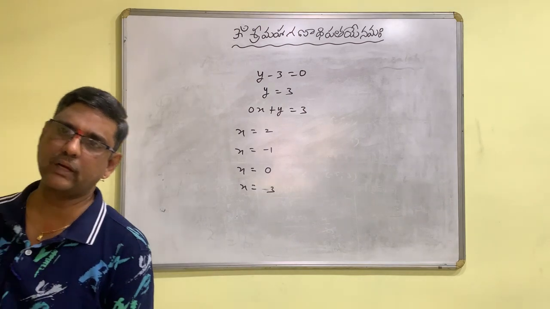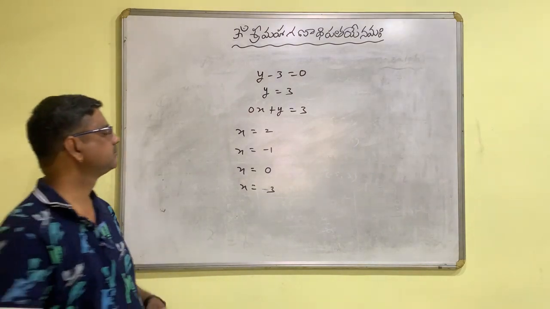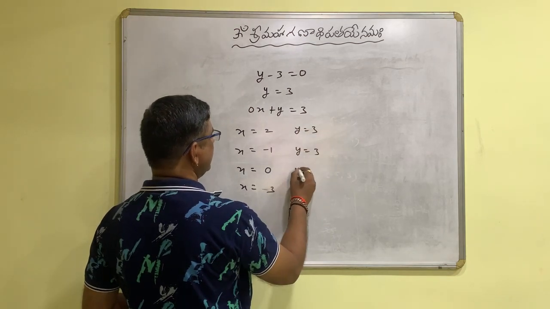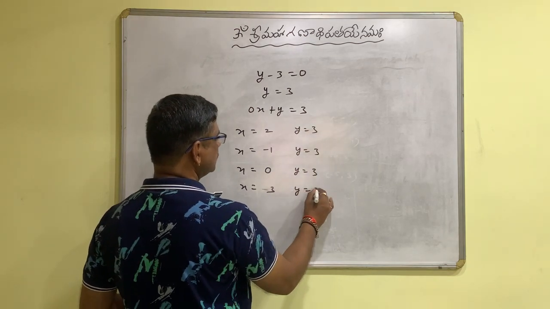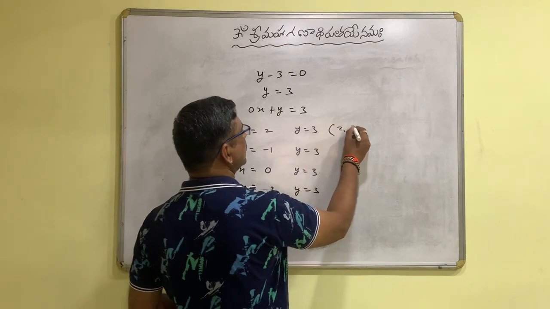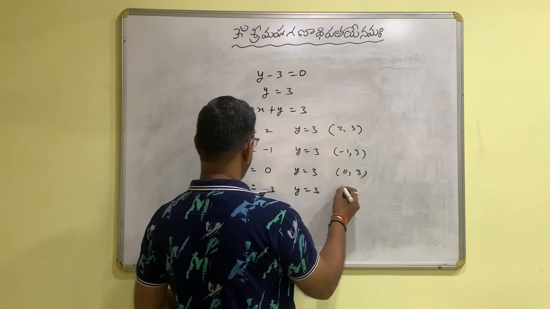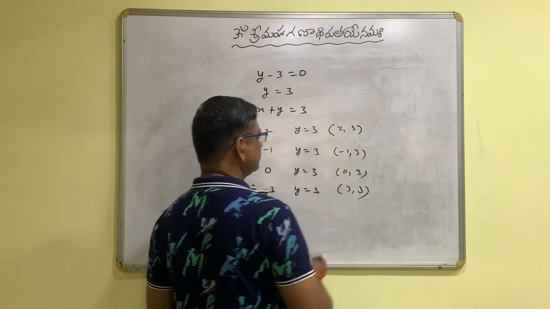Y value is 3 only. Is that right? Here also 3. Here also 3. So the solutions are 2 comma 3, minus 1 comma 3, 0 comma 3, 3 comma 3.